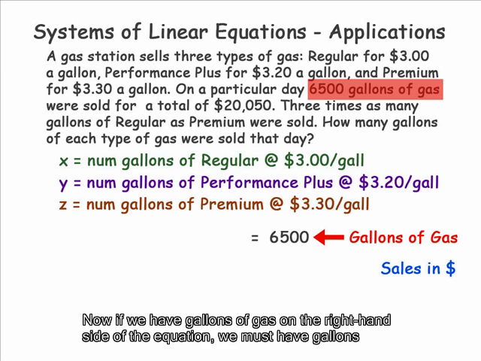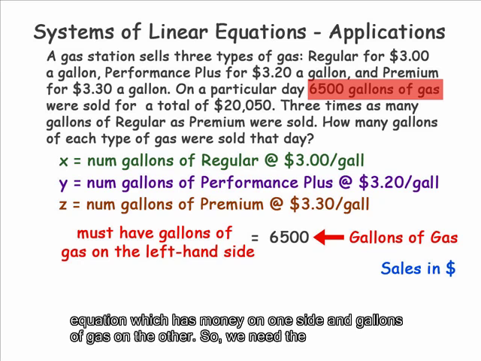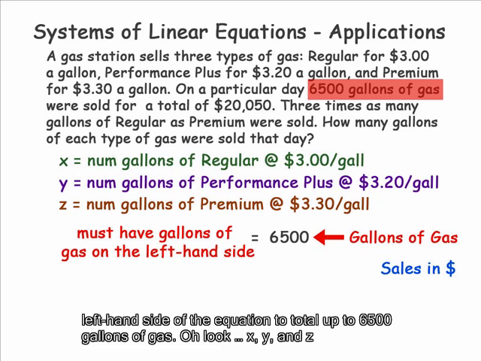Now, if we have gallons of gas on the right-hand side of the equation, we must have gallons of gas on the left-hand side of the equation. In other words, you cannot create an equation which has money on one side and gallons of gas on the other. So we need the left-hand side of the equation to total up to 6,500 gallons of gas.